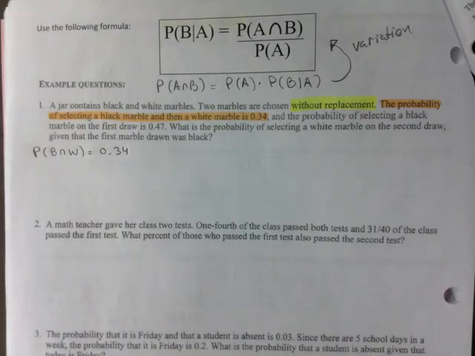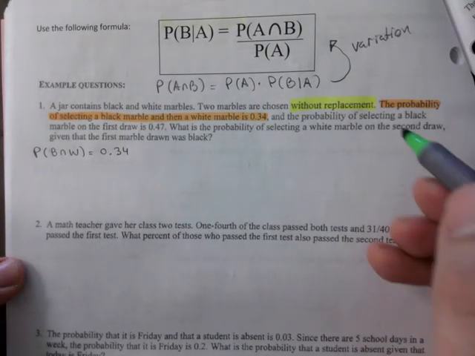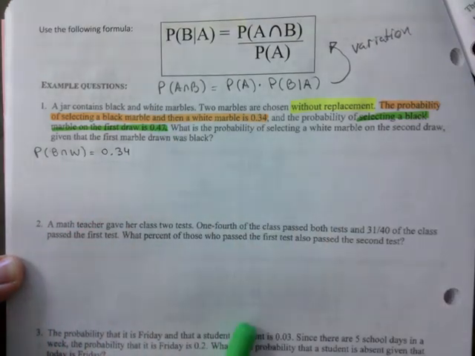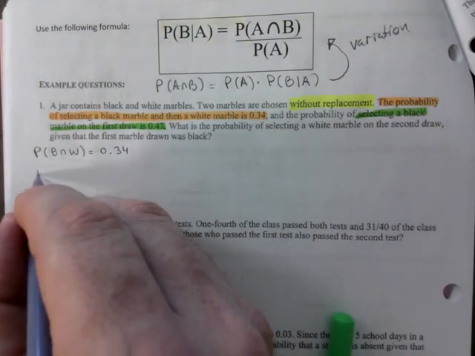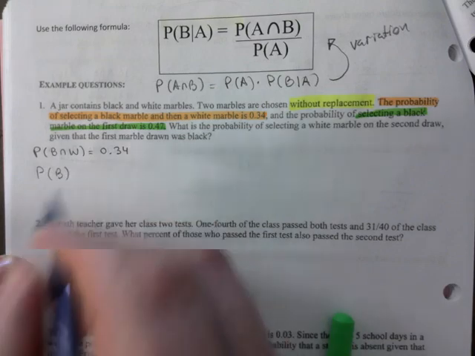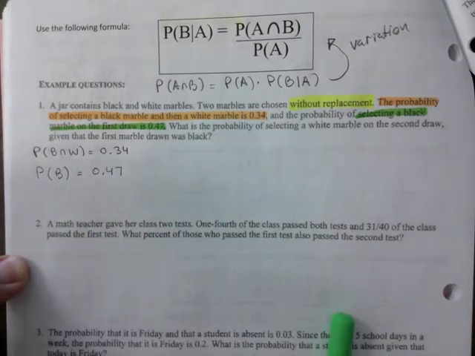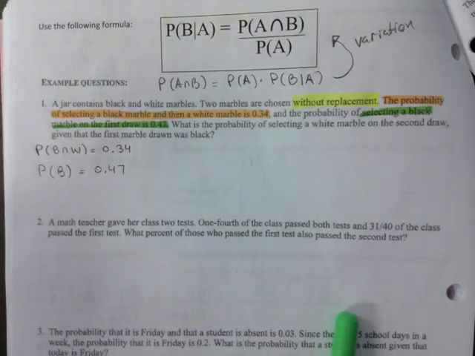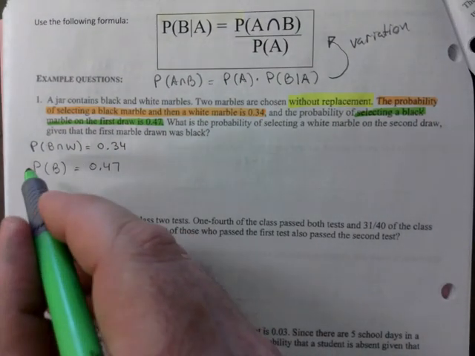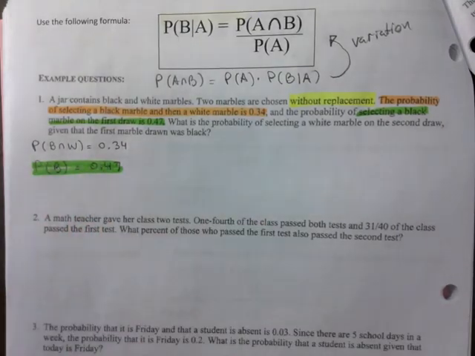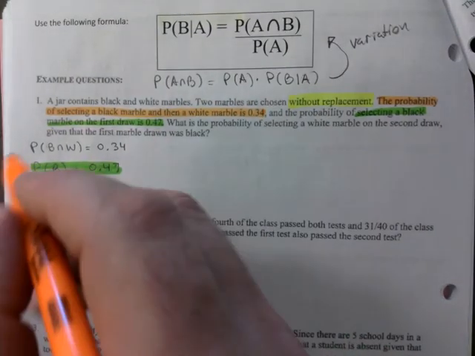Then the next part says the probability of selecting a black marble on the first draw is 0.47. So we know that the probability of black happening first is 0.47. So here's my green part, and here's the orange part. I got it straight from the text.